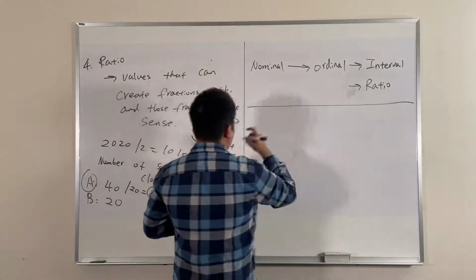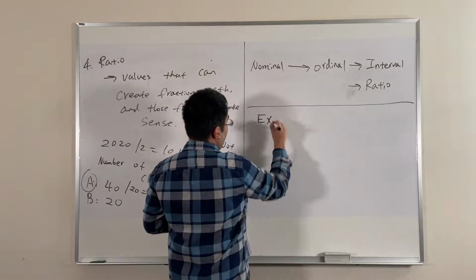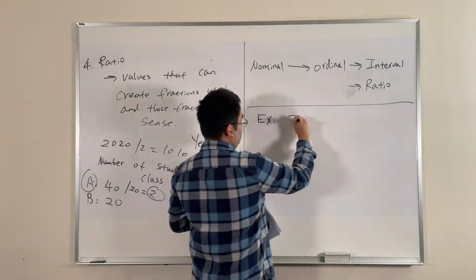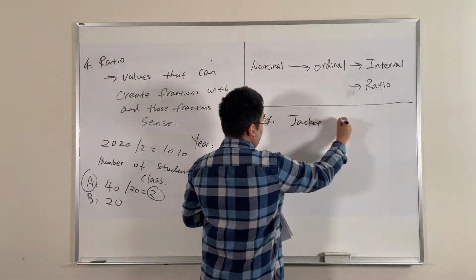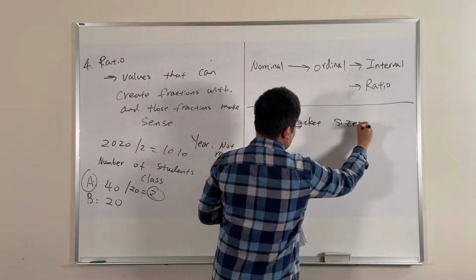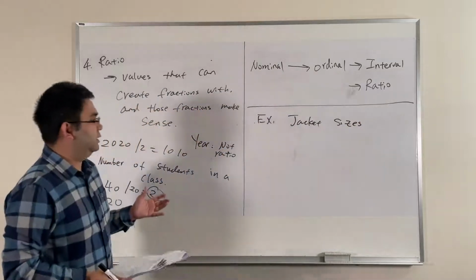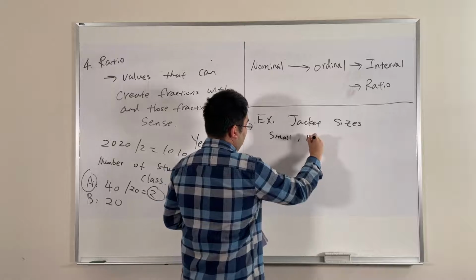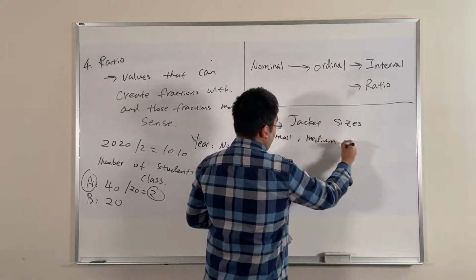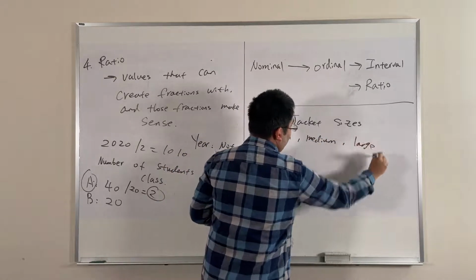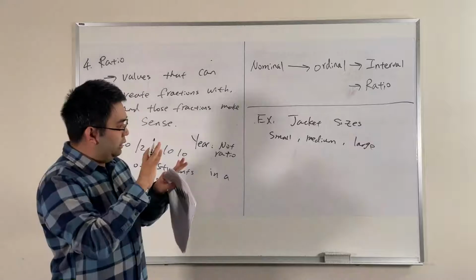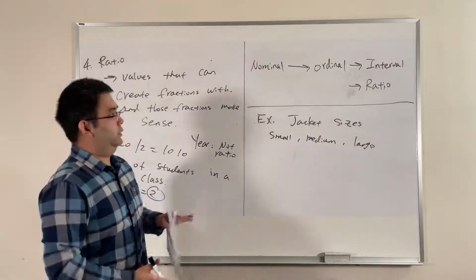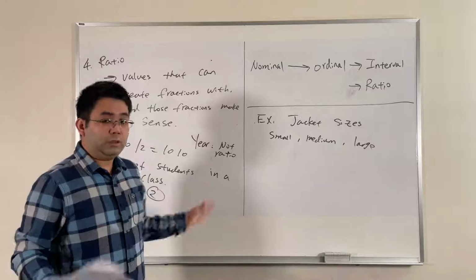Example: you are going to a mall and buying some jackets. Jacket sizes, say small, medium, large. If it's a variable, it has to be a nominal variable, so nominal check.